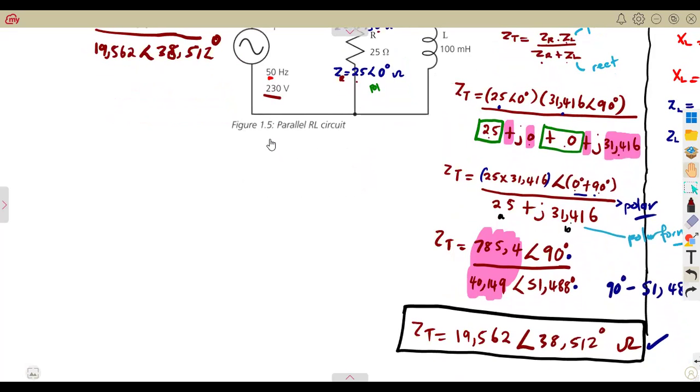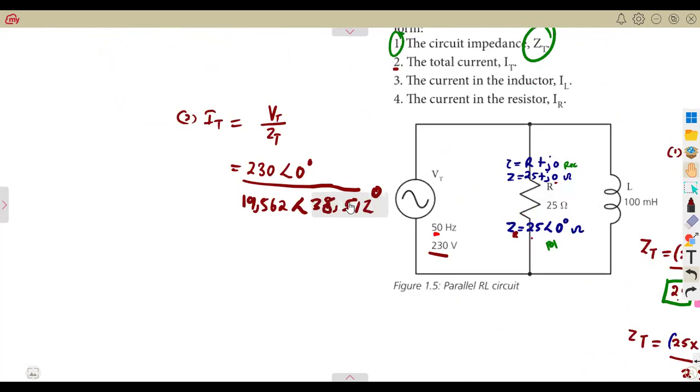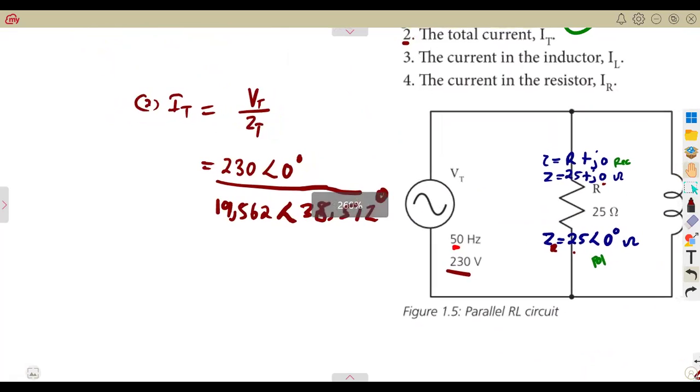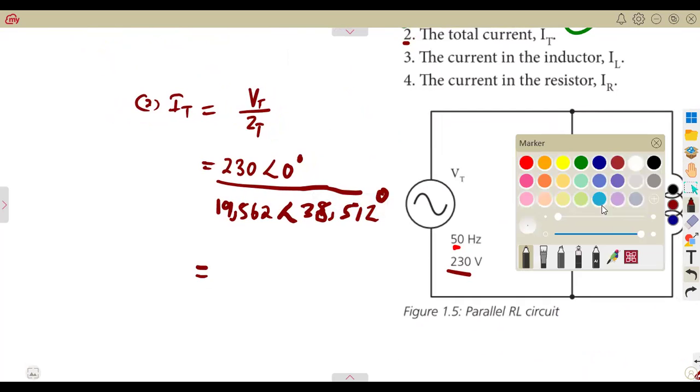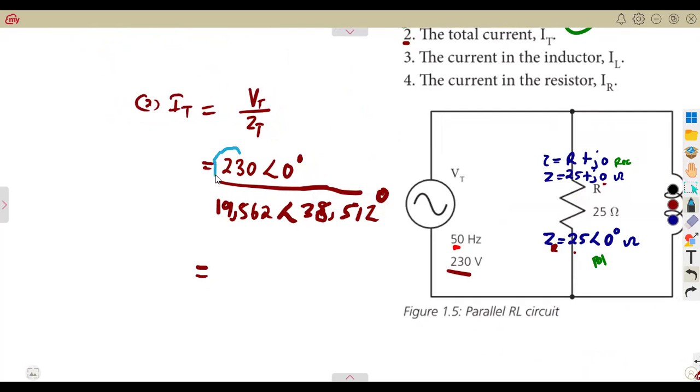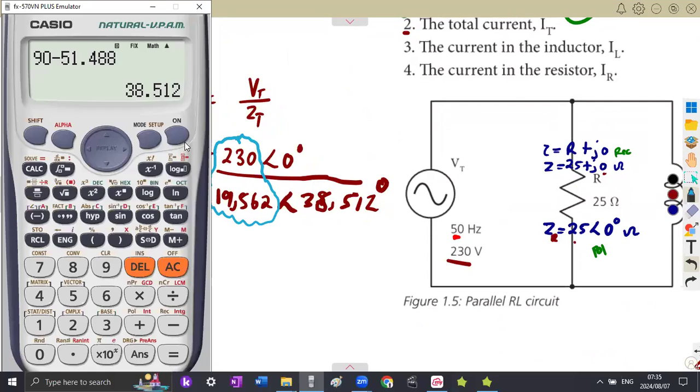So this is what we have. You can simply divide here. Sorry for this, guys. So let's divide. Remember, I talked about this, guys, division. You're going to divide these numbers on their own. Then to obtain the angles you subtract.